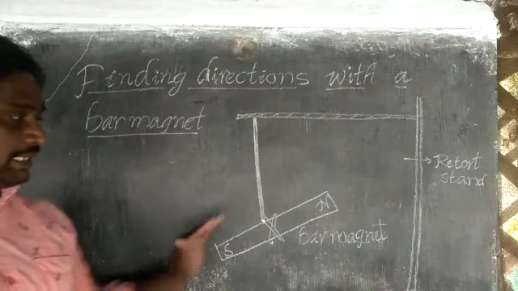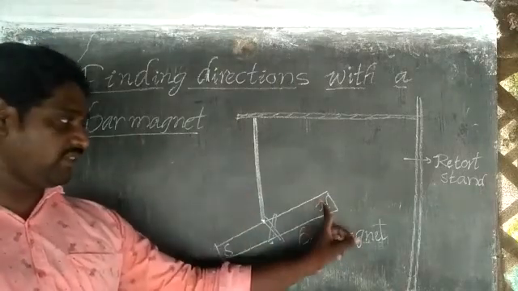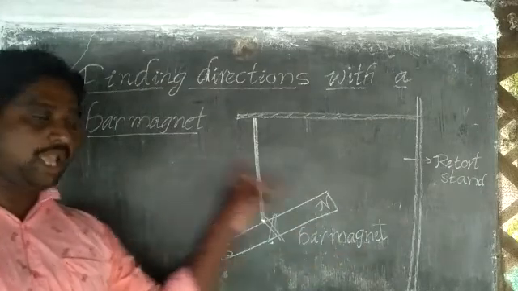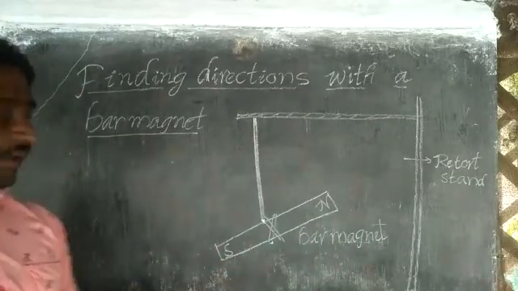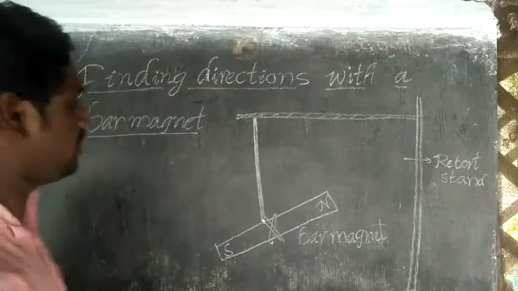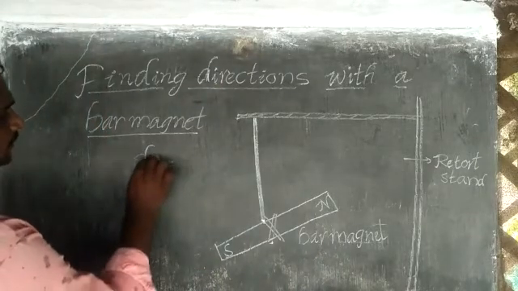Each magnet has two poles: one is a north pole and the other is a south pole. This is called the directional property of magnets.